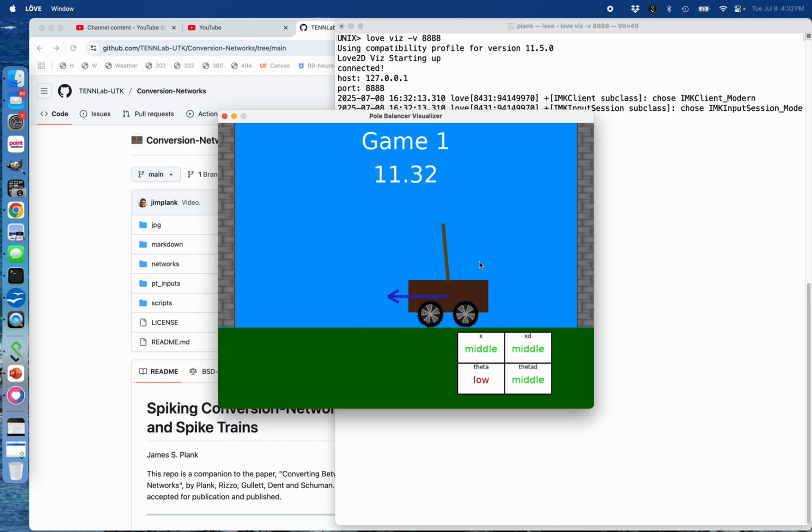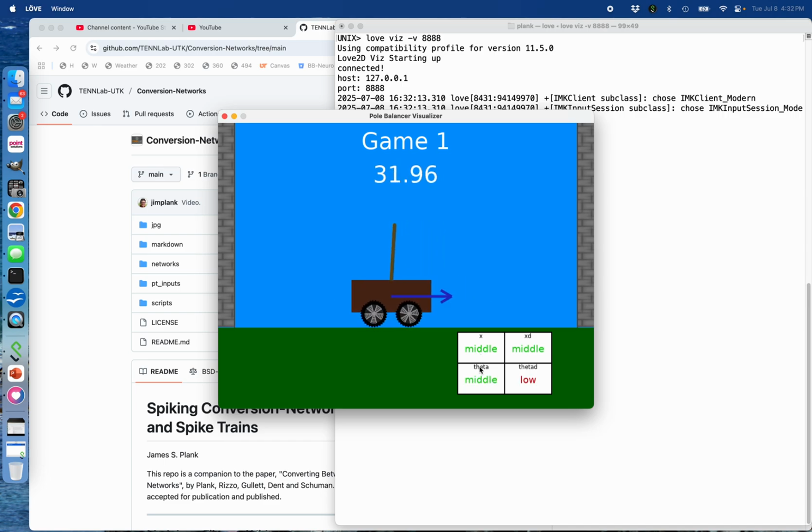Your agent, your AI agent, in this setting of the problem is only given two observations. It's given the x position of the cart and the theta angle of the pole. In the easier setting it's also given velocity, which you see here in this visualization. But in this version of the problem, we are only given the position of the cart and the angle of the pole.